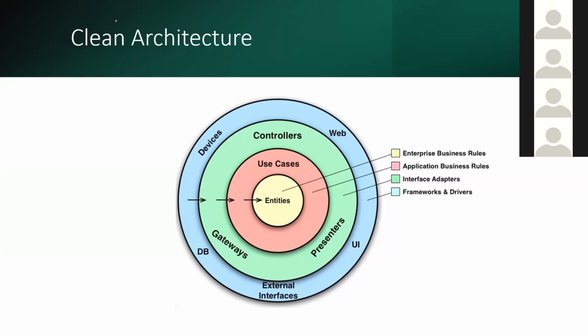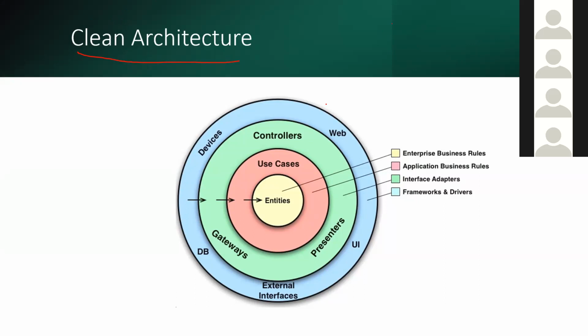So in the code, I used this thing called clean architecture. And clean architecture is nothing more than just a combination of many principles, some of them that we discussed today, some of them we haven't.